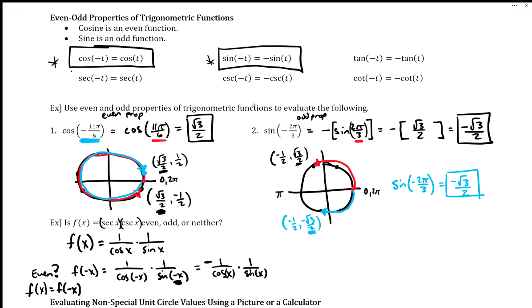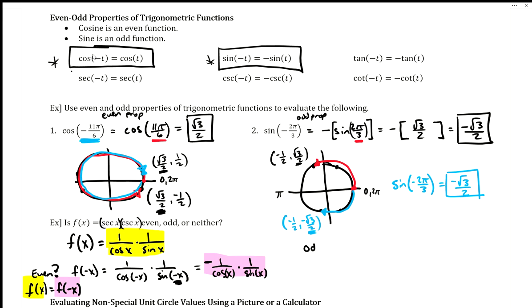Comparing our two answers, f of x is this statement, and f of negative x is this statement. They're not the same. One is positive, one has a negative in front. So that means it's not even.